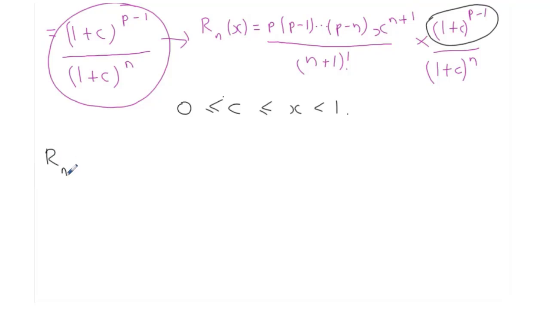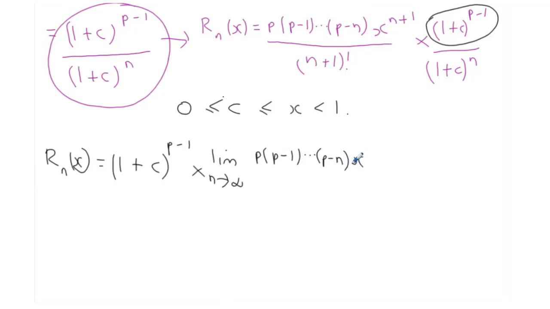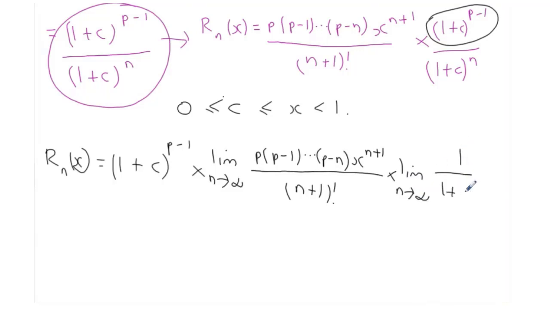So now the error term Rn(x) equals that constant, (1 + c) to the power p − 1, times the limit as n approaches infinity of (p − 1)(p − n) x to the n plus 1 over (n + 1) factorial, times the limit as n approaches infinity of 1 over (1 + c) to the n. So this first bit is just a nice constant.